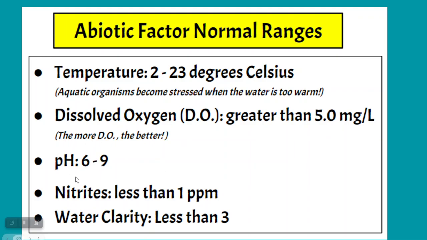If we are looking at pH, if we are in the range of 6 to 9 when we use the pH meter, we're probably in good shape. Nitrates, we'd like for them to be less than 1 ppm, part per million. And then water clarity, as we are looking on that chart, we would like for our water clarity to be less than 3. So these are some normal ranges. These are posted around the room.